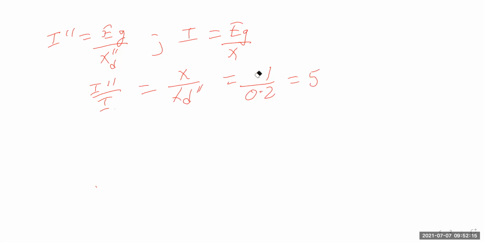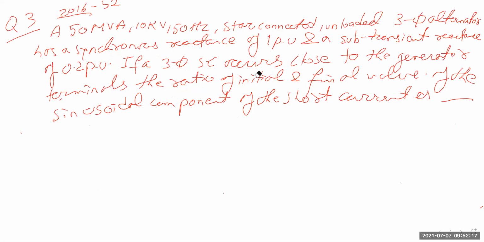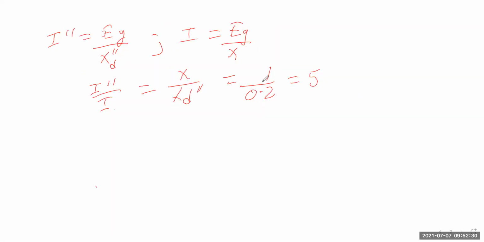The data has been given as, sorry, it's 1 per unit and 0.2. So 1 by 0.2, that is 5.